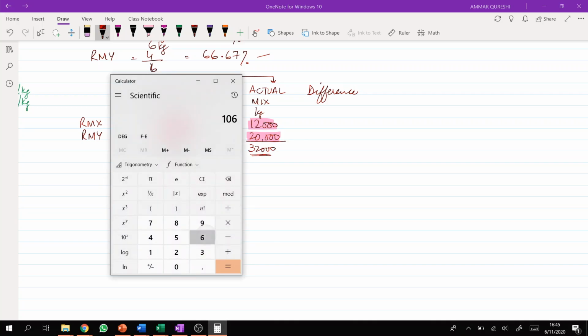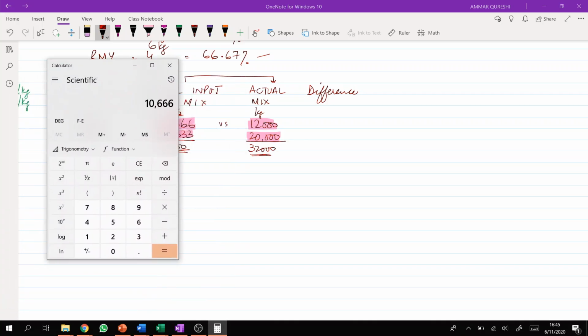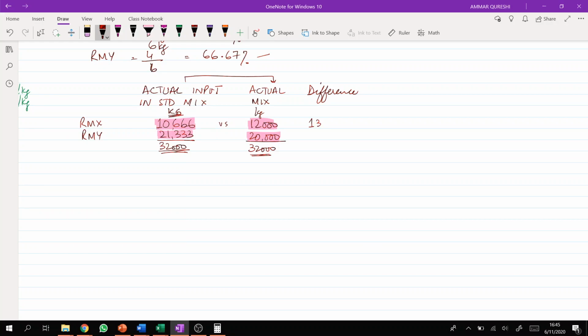Difference is 10,666 minus 12,000. Difference is 1,334. Right? Now you have to check whether this difference is in favor or adverse. If you have consumed more actual quantity as compared with the standard, then it's an adverse variance.